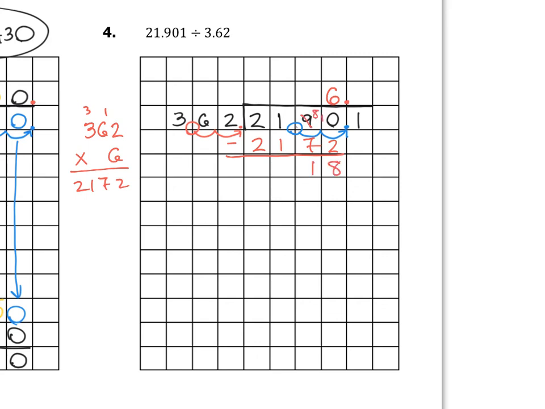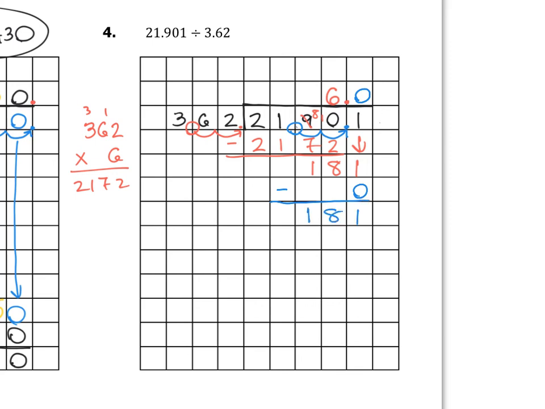So my difference here is 18, and now I can bring down this 1. Now we have 362 that I'm trying to divide into 181. Because 362 is larger than 181, it won't go in, so I need to place a 0 in my 10th place here, and multiply 0 times 362, which is just 0. So if I subtract here, I still get 181.